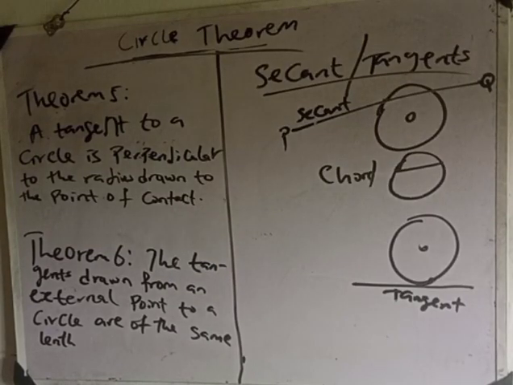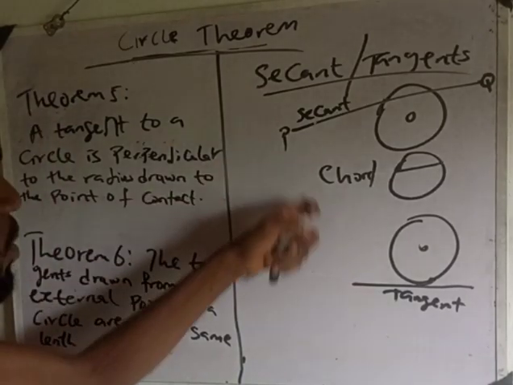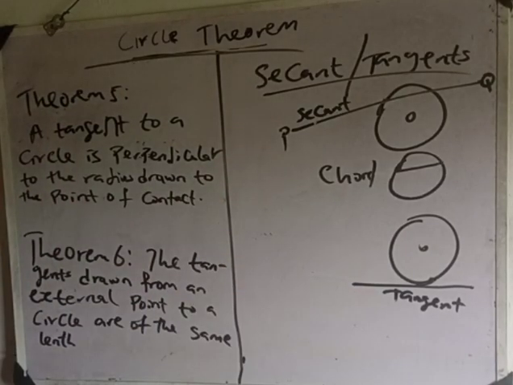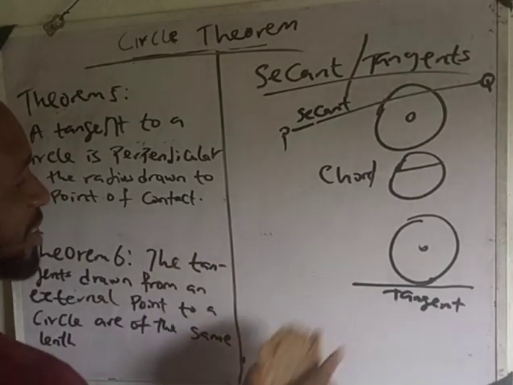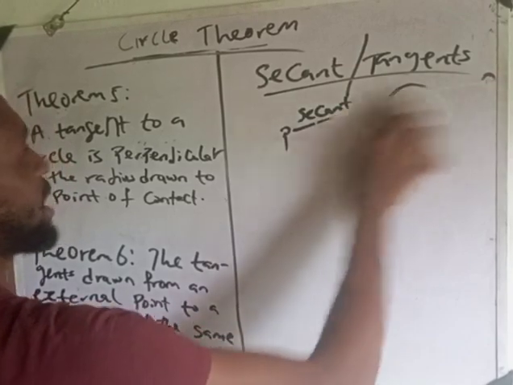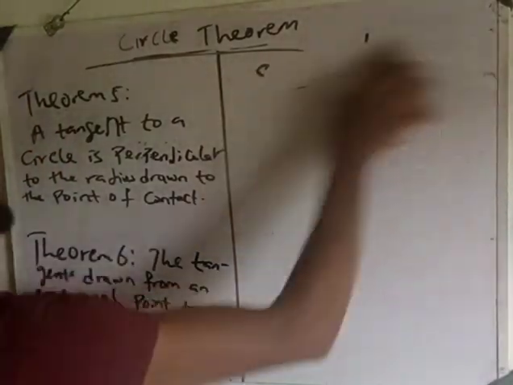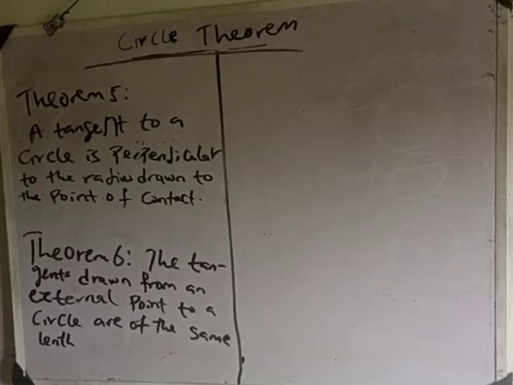Now, this is where we start our class. Having understood these three things, the secant, the chord, and the tangent, we're going to be focusing much on the tangent. Is that okay?